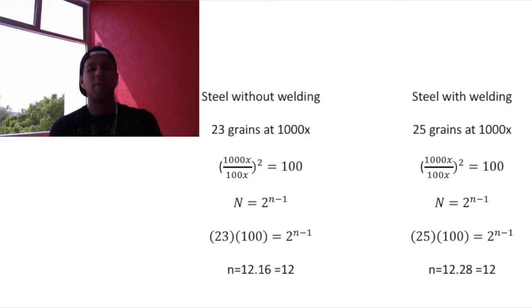The grain size for the base steel gives a value of 12.16 ASTM. For welded steel, it gives a value of 20.28 ASTM. For this test, we expected a notorious change of grain, but it was not so noticeable.